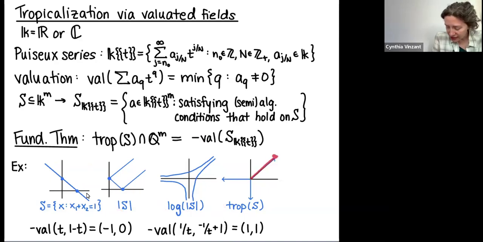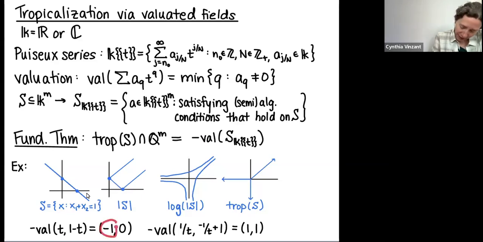What this says is that we can essentially parametrize. So for example, this ray spanned by (-1, 0), we can realize as the valuation of some Puiseux series in our set. For example, x1 equals t and x2 equals 1 minus t. We can check that this satisfies x1 plus x2 equals 1.